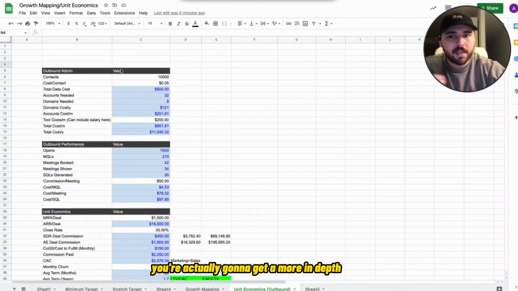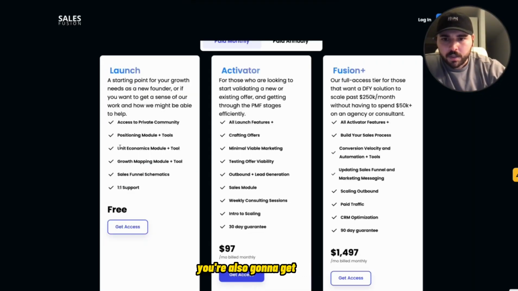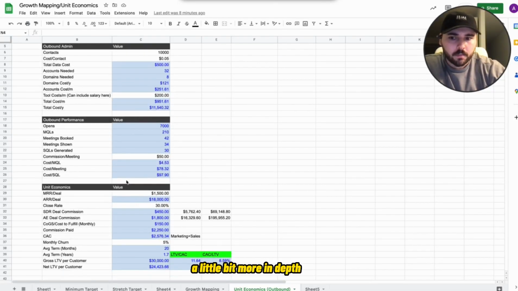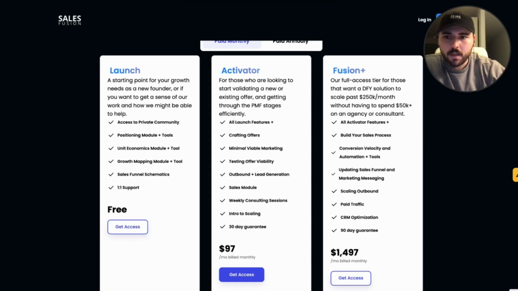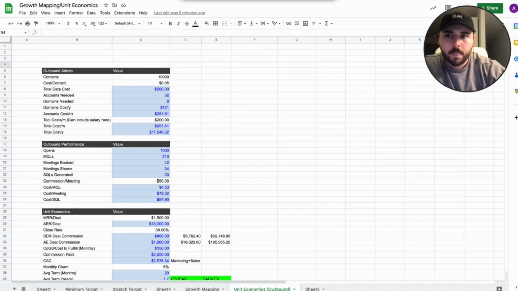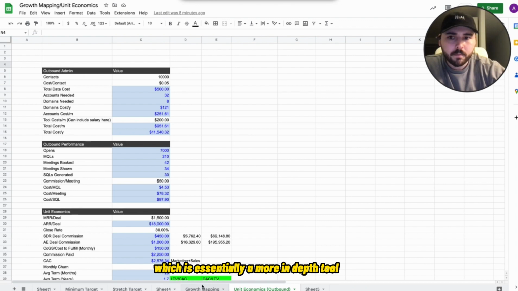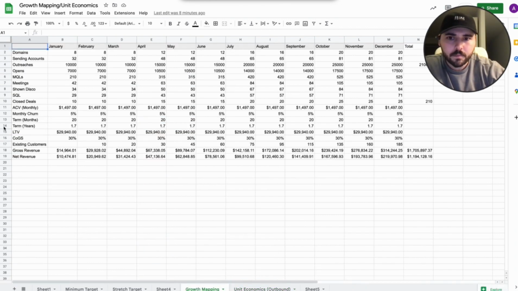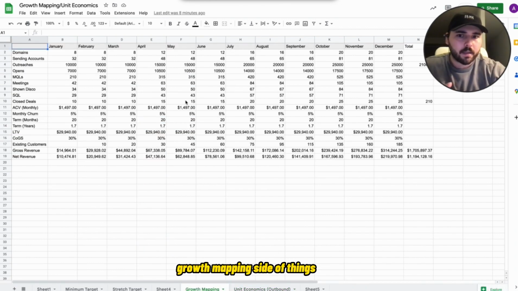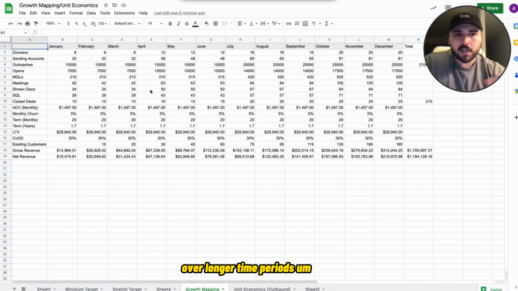You're actually going to get a more in-depth breakdown of unit economics and how to go about doing this stuff. You're also going to get access to another unit economics tool, which is, again, a little bit more in depth than this one. And then you're going to get the growth mapping module as well, which is essentially a more in-depth tool related to this growth mapping side of things over longer time periods.